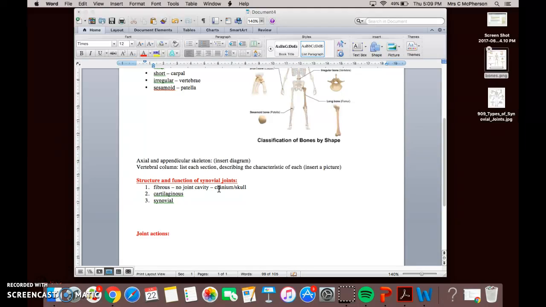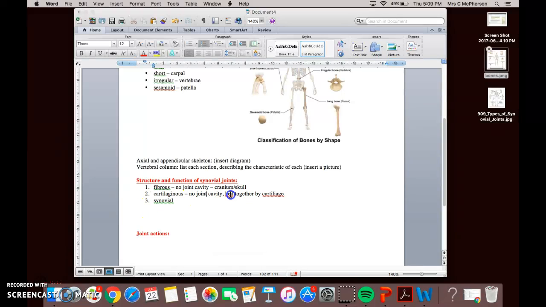They're still a joint, but there's very little movement between the plates in our head. They're meant to stay together. Cartilaginous, no joint cavity, held together by cartilage.